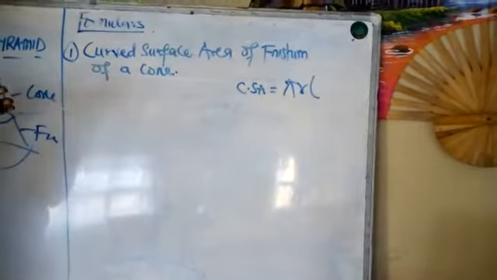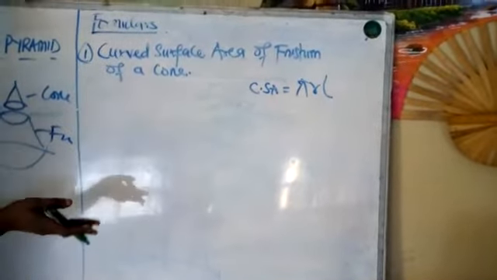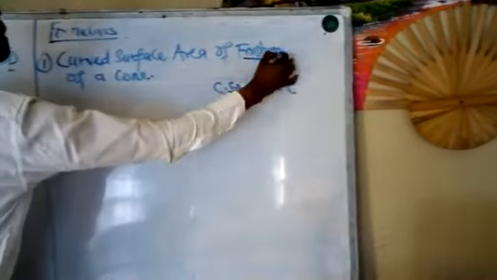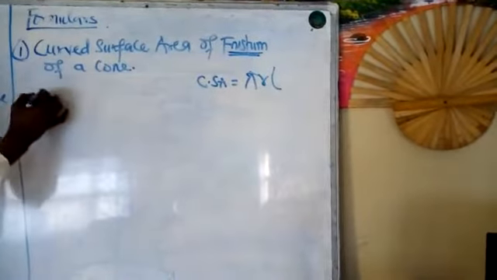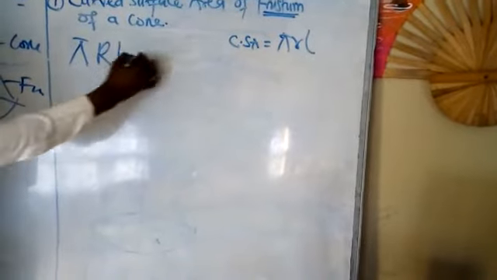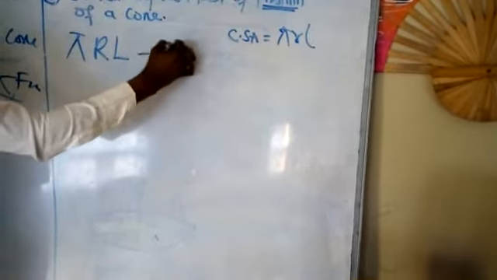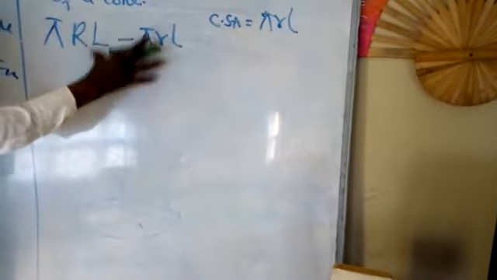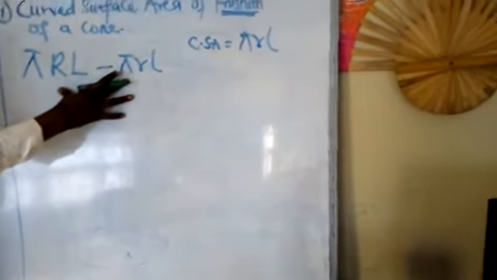Therefore, you are forming two images, you have the cone at the top, you have the frustum. So the formulas are not the same. The formula for calculating the curved surface area of the frustum of a cone is pi R L minus pi r l.